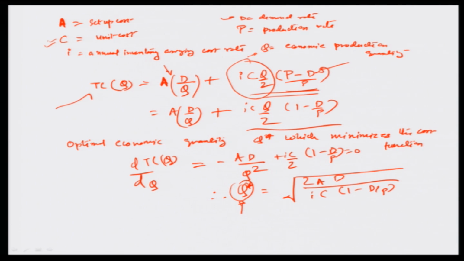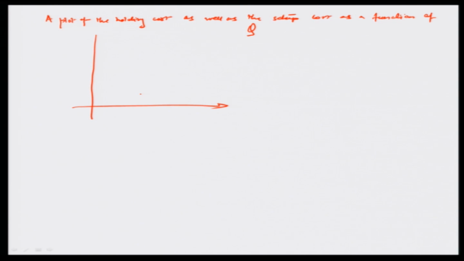If I were to plot this cost function as a contribution of the total setup cost as well as the annual inventory carrying cost, let us say we make a plot of the holding cost as well as the setup cost as a function of Q. So, you have cost on the y axis and Q on the x axis.